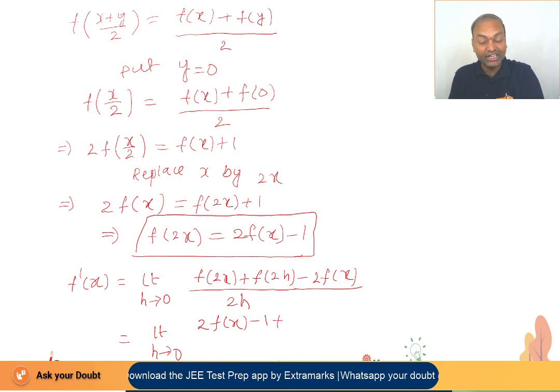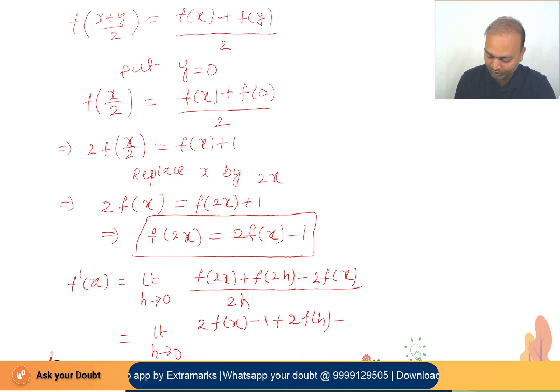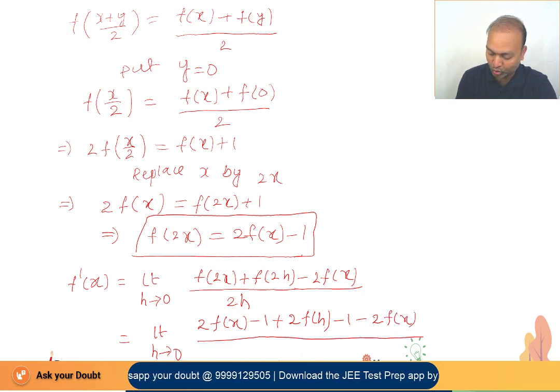Here x is equal to h, so the answer will be 2 times f of h minus 1. This value as it is I am writing. Minus 2 times f of x, whole divided by 2h.